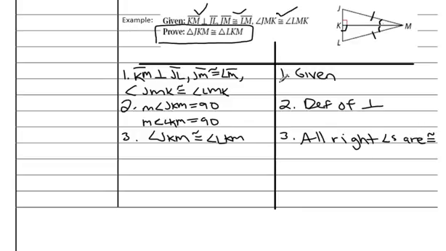So now I've gotten them to say that they are congruent, and now I can say that these two triangles are congruent. So triangle JKM is congruent to triangle LKM, and the reason is there's an angle, and a non-included side. So it's angle, angle, side, or you can put side, angle, angle.